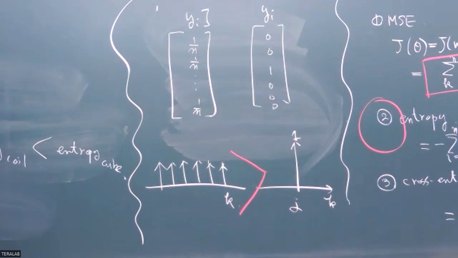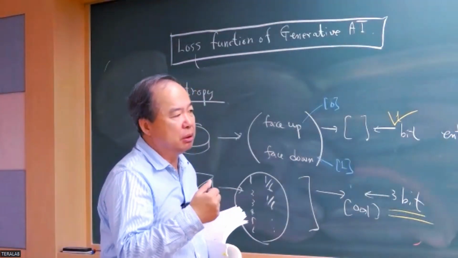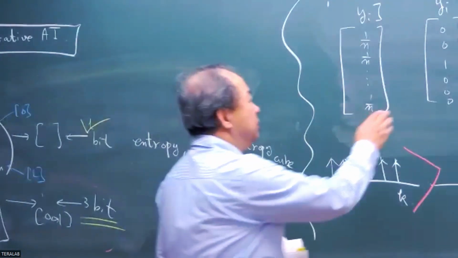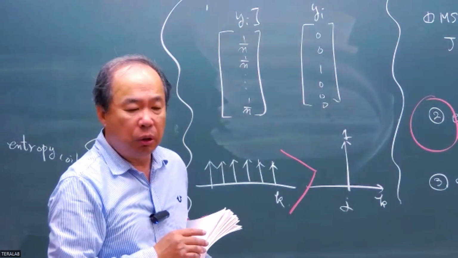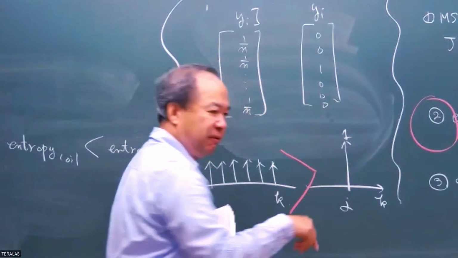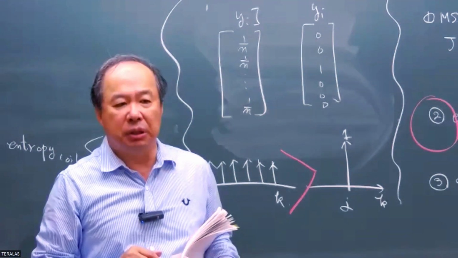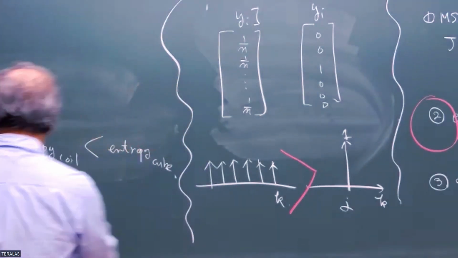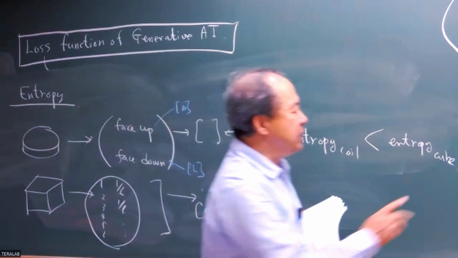By having forward propagation and backward propagation, we want to achieve this second probability distribution, which has a distinctive output probability distribution. For a uniform distribution like the cube, entropy is a large number.